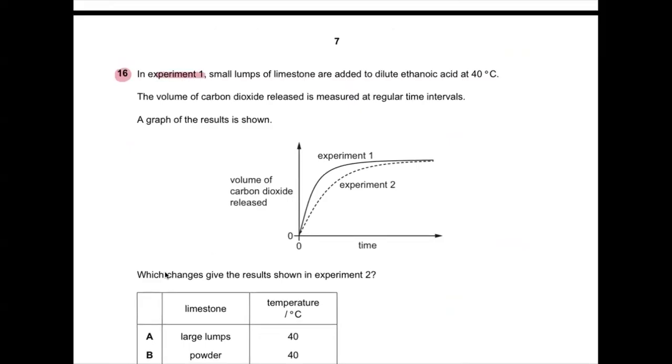In experiment 1, a small lump of limestone is added to dilute ethanoic acid at 40 degrees Celsius. The volume of carbon dioxide released is measured at regular time intervals. The graph of these results is shown. Which changes give the results shown in experiment 2? So if you see, experiment 1 has a higher rate because of a higher gradient.